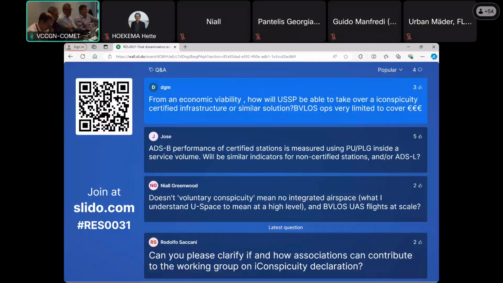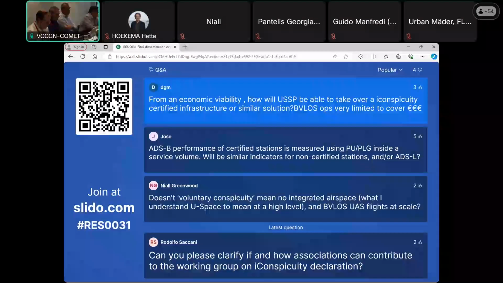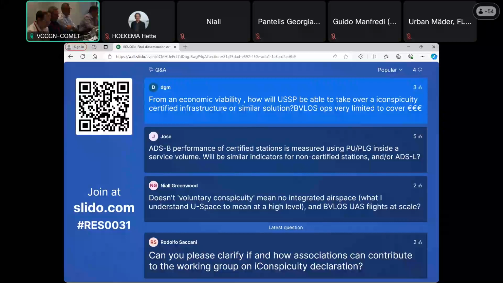There are sensors that are affordable for drone operators to install on the drone. The drone can collect this information about conspicuity of surrounding traffic. But we see some drone operators also deploying temporary infrastructure when they are operating, and occasionally also fixed, low-cost infrastructure to collect conspicuity.